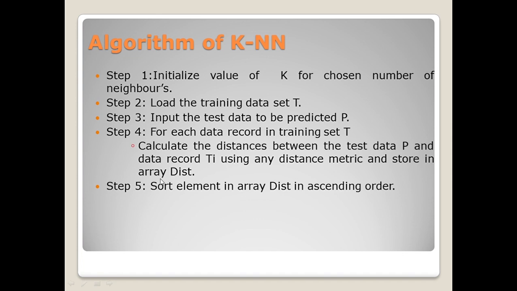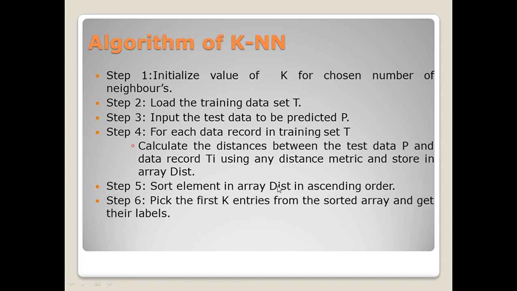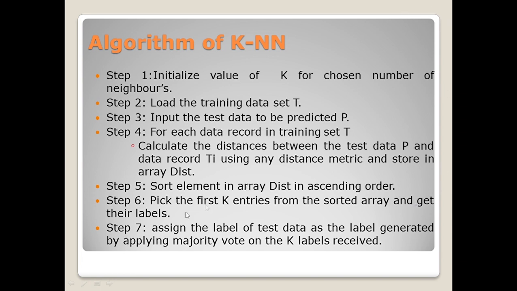After storing the various distances in dist, we will sort the elements in array dist in ascending order. Then the first k entries from the sorted array are taken and the labels are retrieved. Assign the label of the test data as the label generated by applying majority vote on the k labels received.